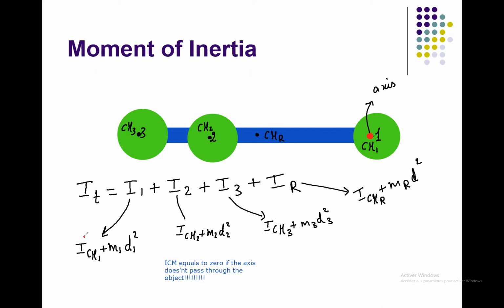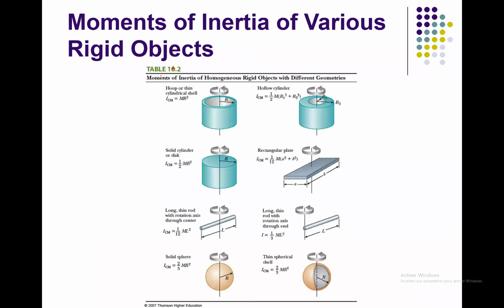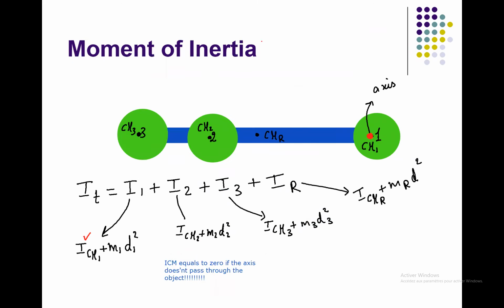So we have I_CM. Let's see what is the value of I_CM of a solid sphere. I_CM of a solid sphere equals 2 over 5 m r square.